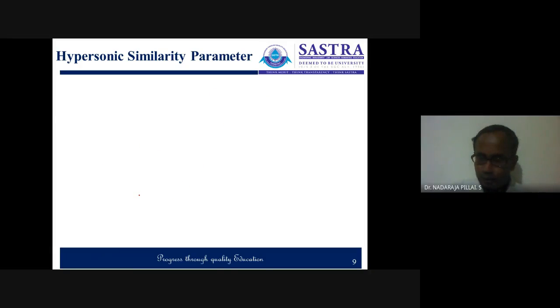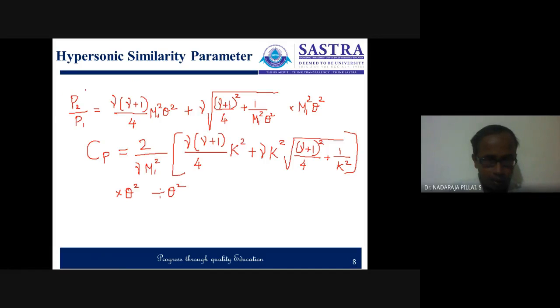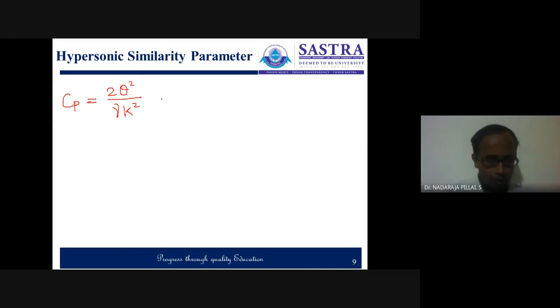So we can finally write the equation as Cp is equal to 2 theta square by gamma k square, because this M1 square theta square will become k square, into gamma plus 1 by 4 into k square plus gamma k square into root of gamma plus 1 square by 4 plus 1 by k square, right?